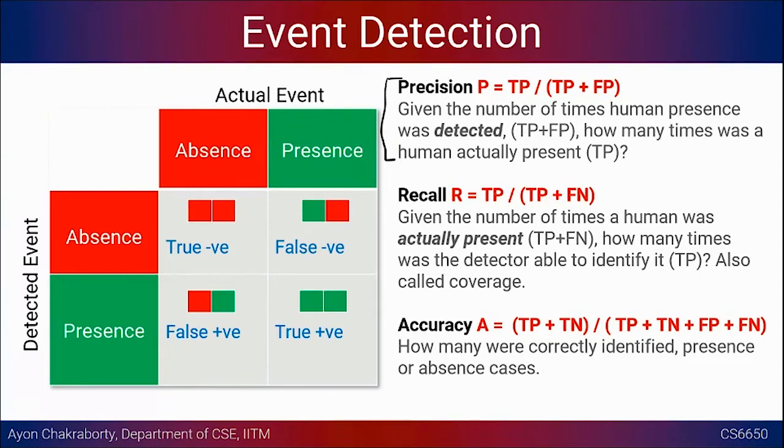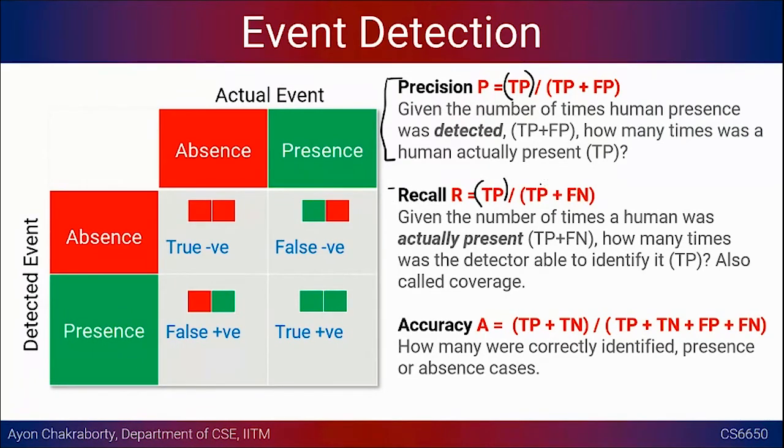In the numerator, we are always looking at true positives in both cases, but the denominator is slightly different. In the case of precision, we look at the positive detections by the sensor, whereas in the case of recall we look at the actual positive cases.